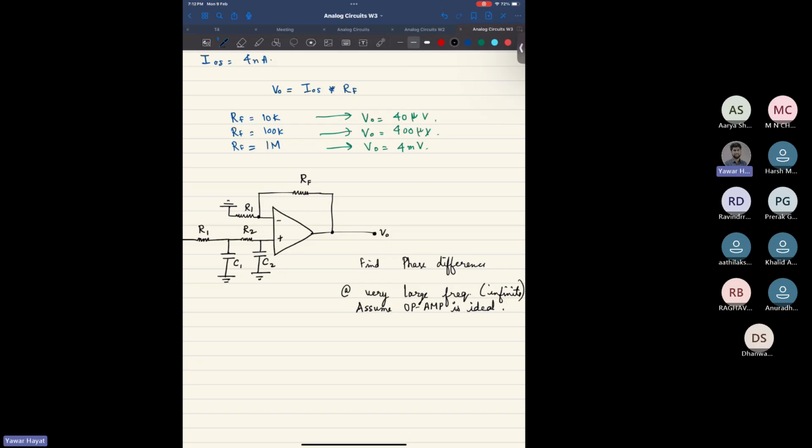How many poles would there be? I mean, how many poles are there in the circuit? Anyone? There will be two poles in the circuit, right?